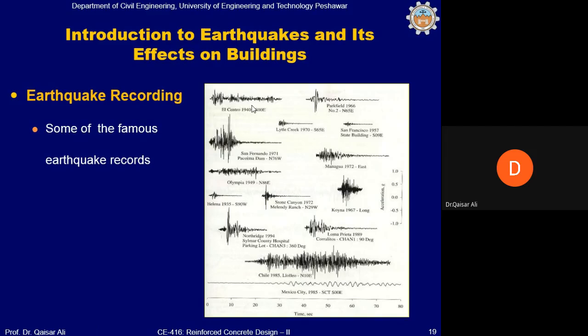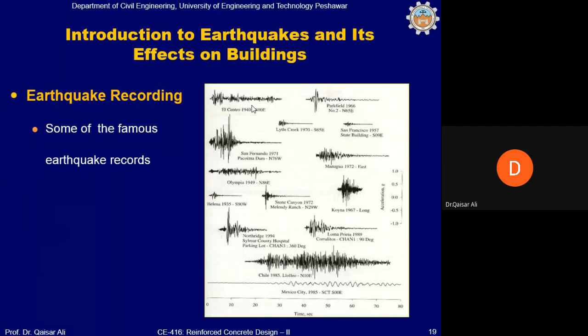So we use this record in our experiments on the shake table. When we test our structures on the shake table, we use this El Centro 1940 record because it contains various frequencies which are required for testing a structure.